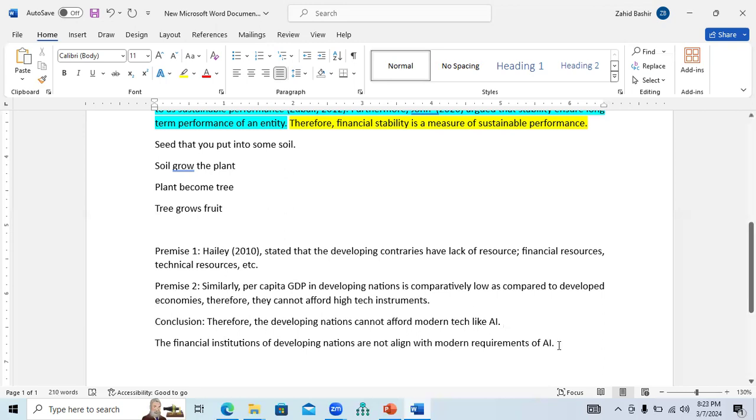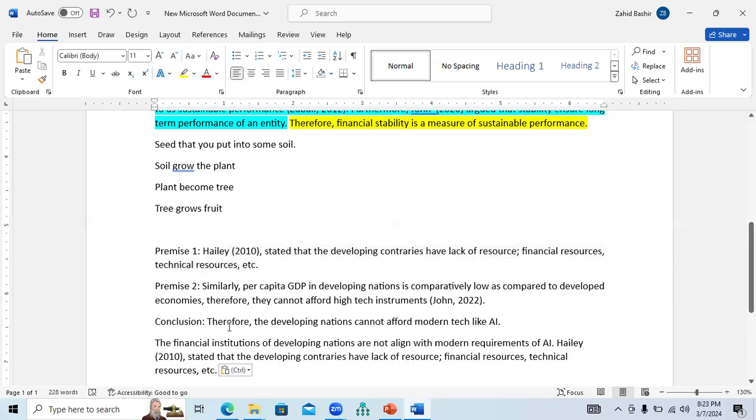Therefore, how can I make this argument? I just need to put it here in a logical order, and put a reference here for the second premise, like 2022. So I need to put the first reference here like this. I need to put the second reference or premise here like this.